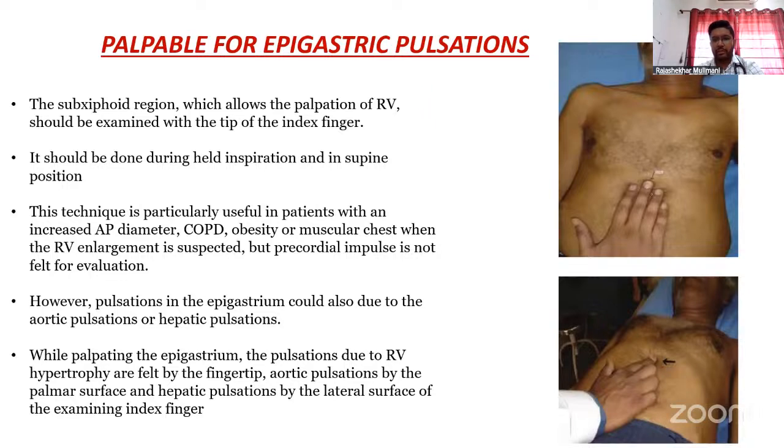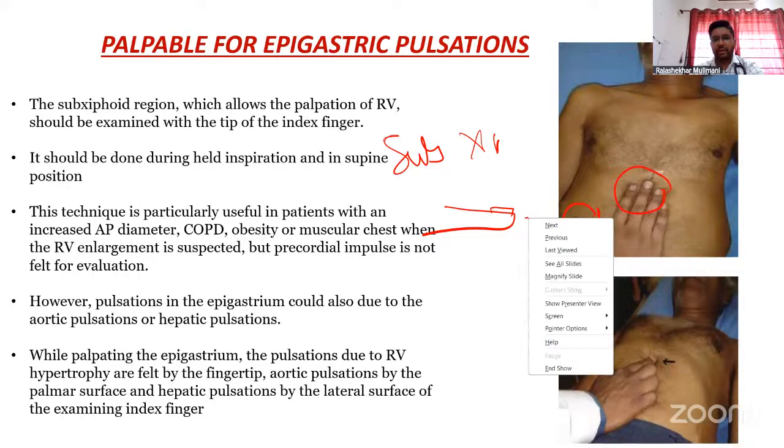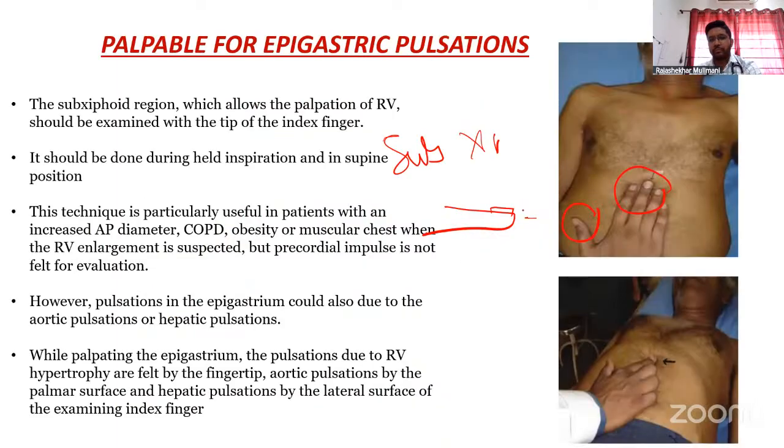You can keep three fingertips, or sometimes you can also feel with the thumb kept in the sub-xiphoid process. So if this is your palpating finger, while keeping it in the epigastric space, the subxiphoid space, if the pulsation is felt at the fingertip, then it is usually due to RV enlargement.